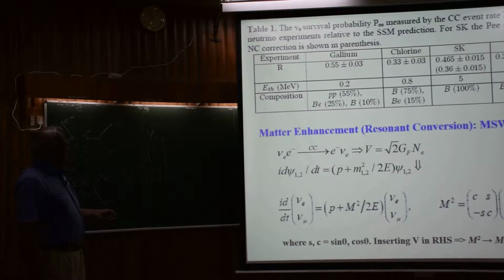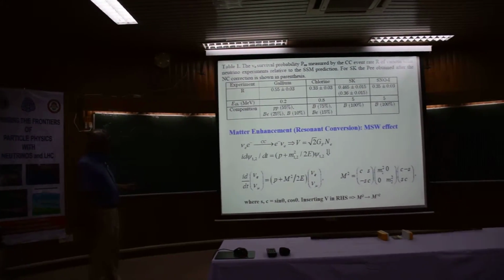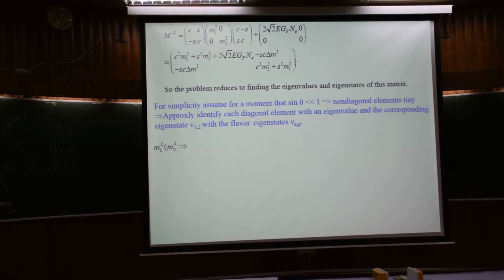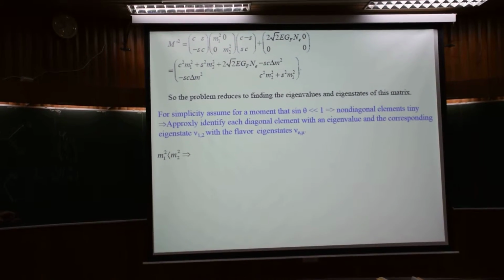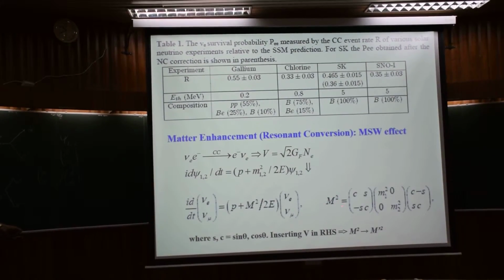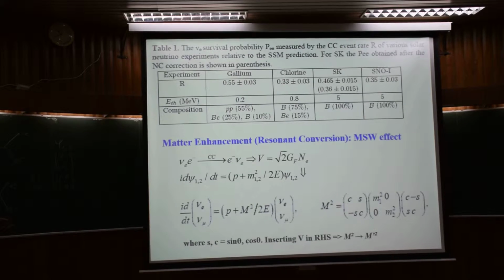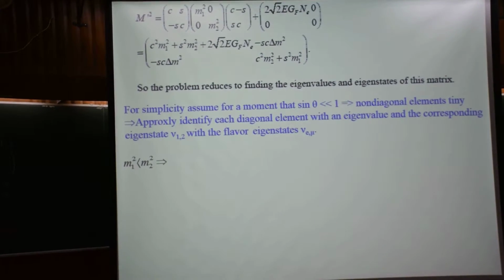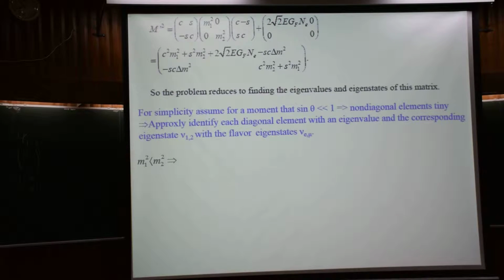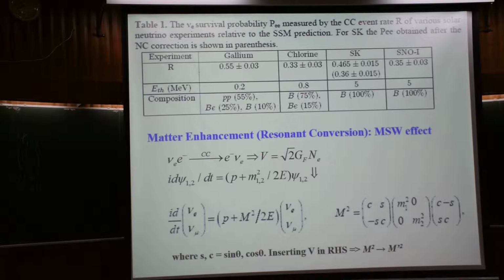To that we have to add this potential energy term. So the mass matrix we had, m square, also has a potential energy contribution. This was the mass matrix, and to this we add this. Root 2 G_F N_e was the potential energy.